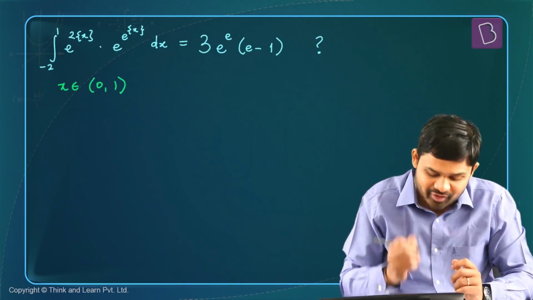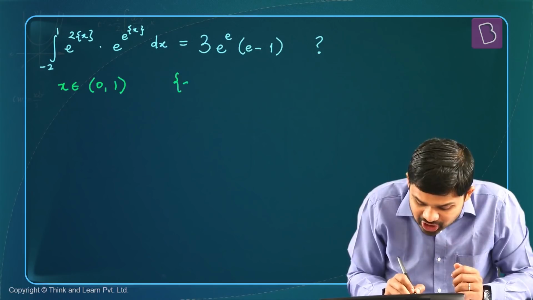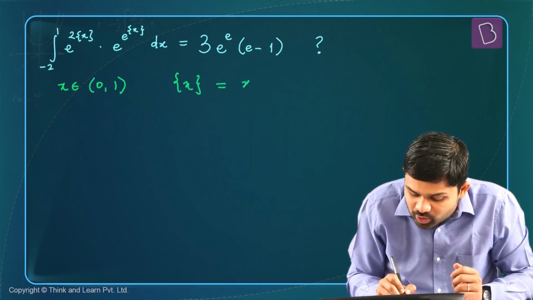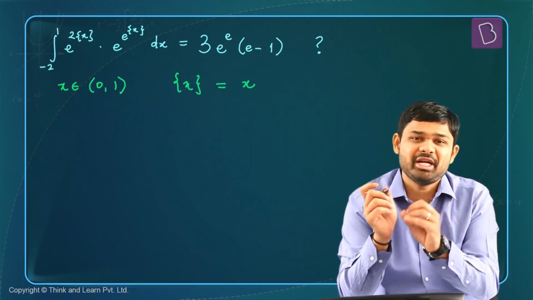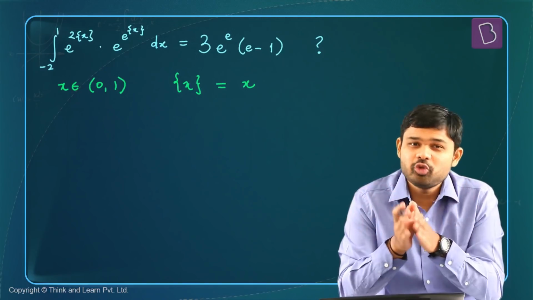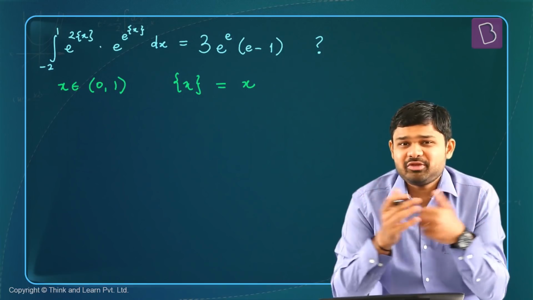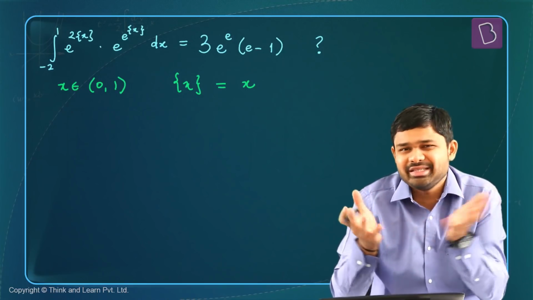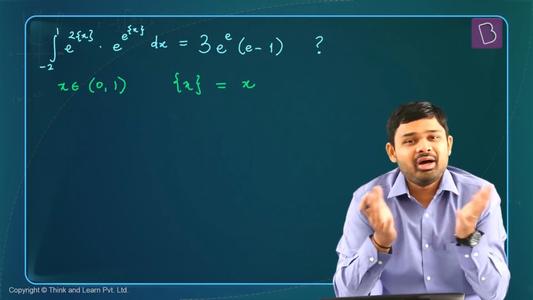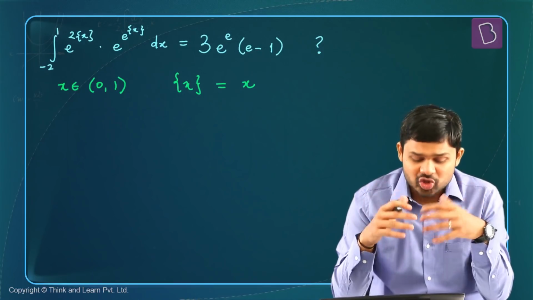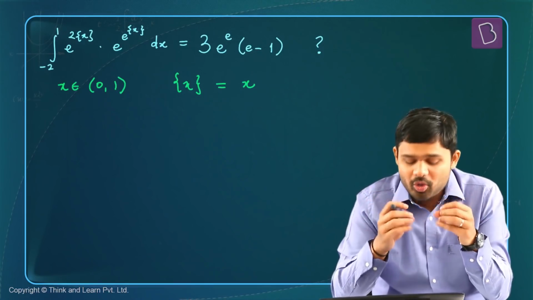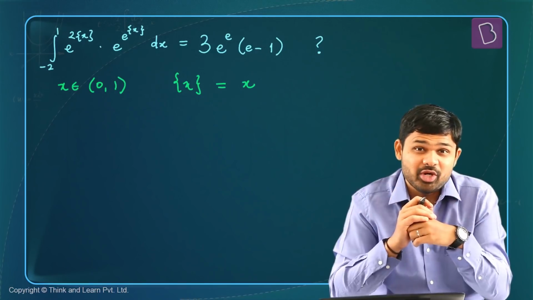But in one of these subdomains, that is when x is in 0 to 1, the fractional part of x becomes equal to x itself. In fact, this is true for the subdomain 0 to 1 with 0 included, but for the case of integration, we are not going to consider 0 included as a subdomain. That's really not important. So in this subdomain, the fractional part of x equals x.